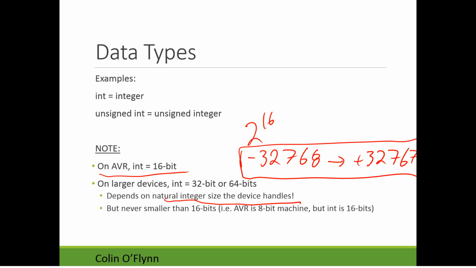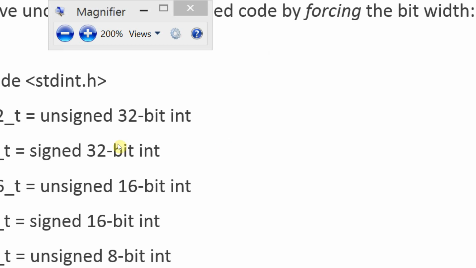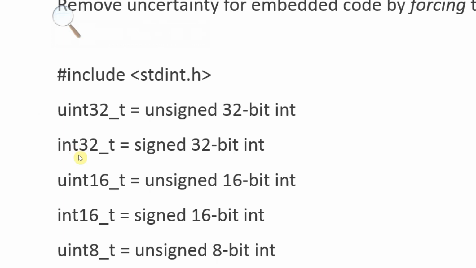The problem here is that you could take your code that works on one device, try to compile it on another, and things start breaking because you don't know offhand exactly the size of the integer. So something I recommend is using these macros here. To use these, you have to include a header file, what's known as the standard integers, stdint.h.